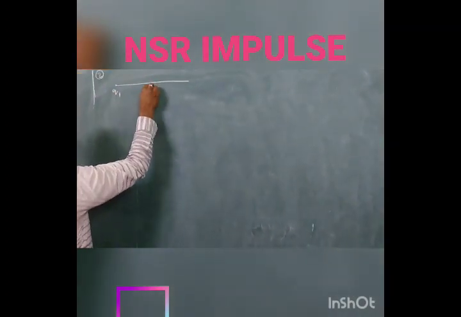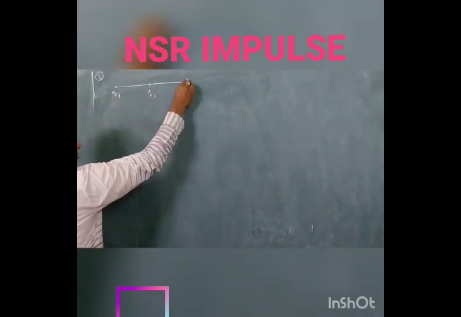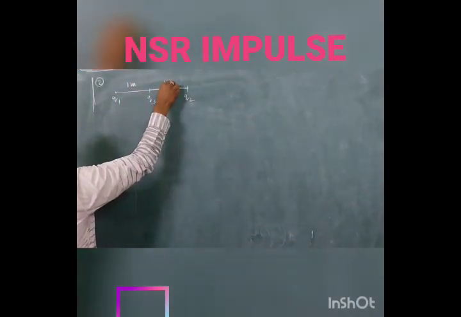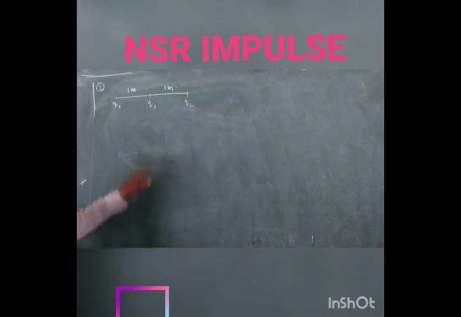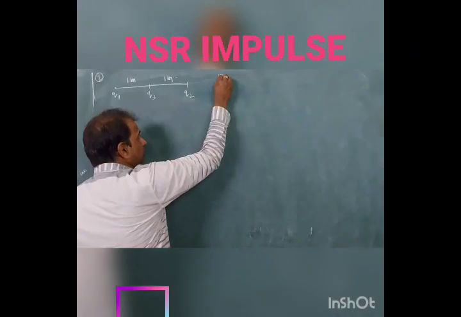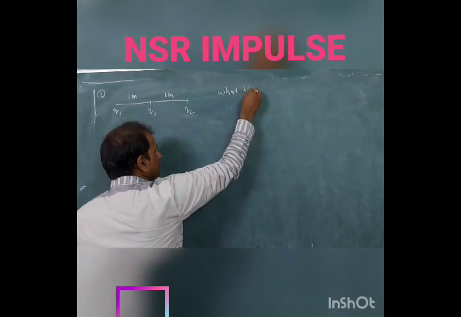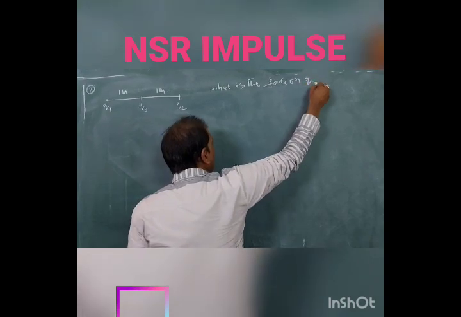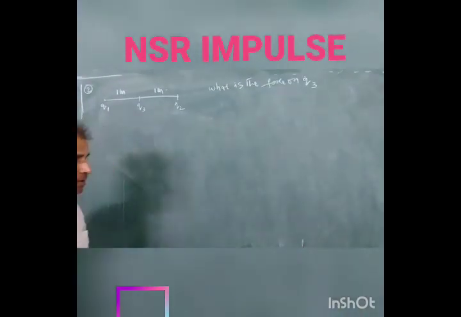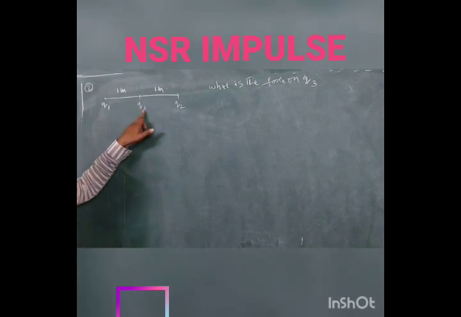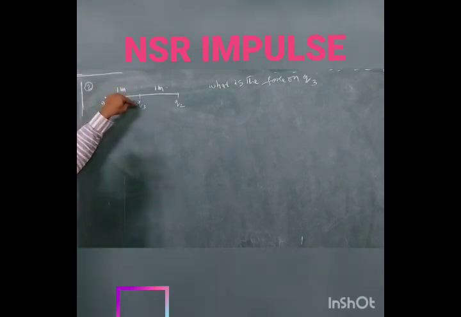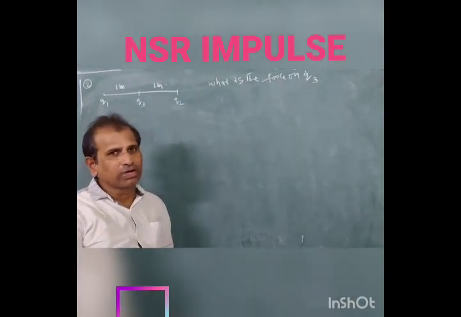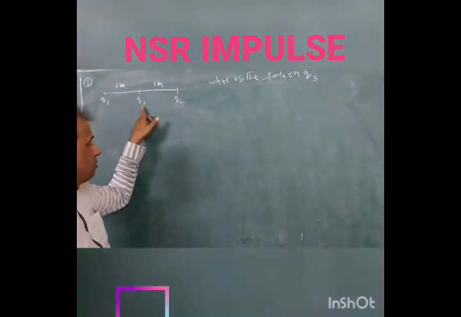It has charge Q1, this is Q3, and this is Q2, separated by 1 meter and 1 meter. See, the question asked is: what is the force on Q3? Force on Q3 means the force on Q3 due to Q1 and Q2. How much force is acting on Q3 due to Q1 and Q2?